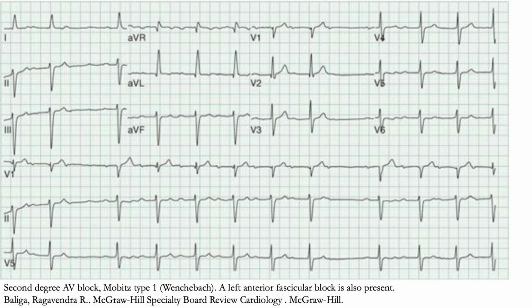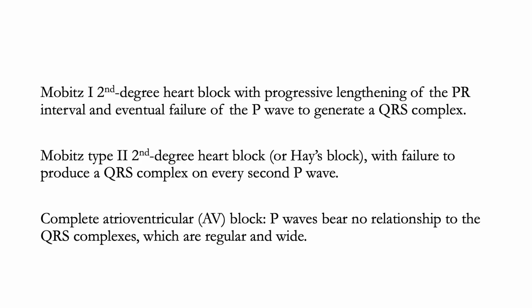This EKG is another example of second-degree AV block Mobitz type 1 or Wenckebach. This patient also has a left anterior fascicular block. So Mobitz 1 is second-degree heart block with progressive lengthening of the PR interval and eventual failure of the P wave to generate a QRS complex.